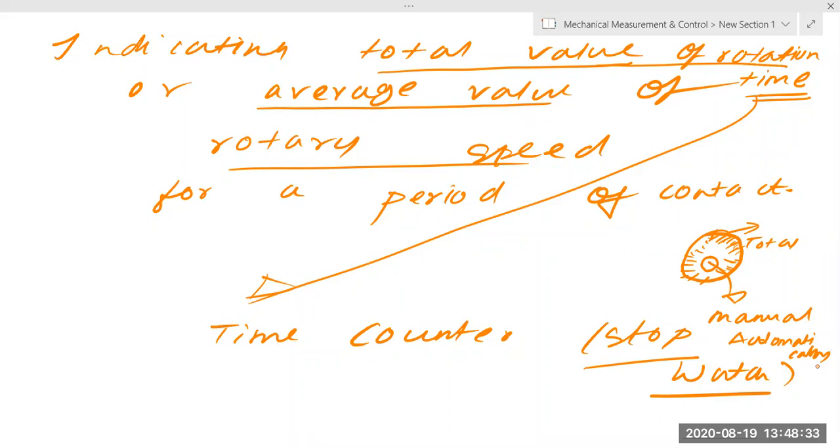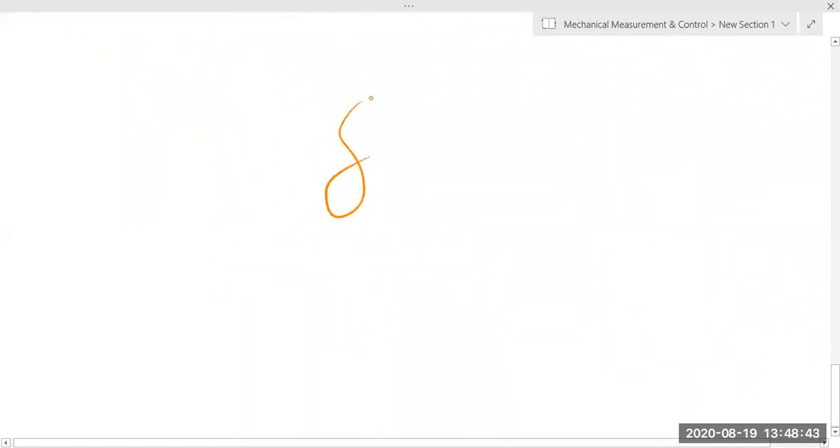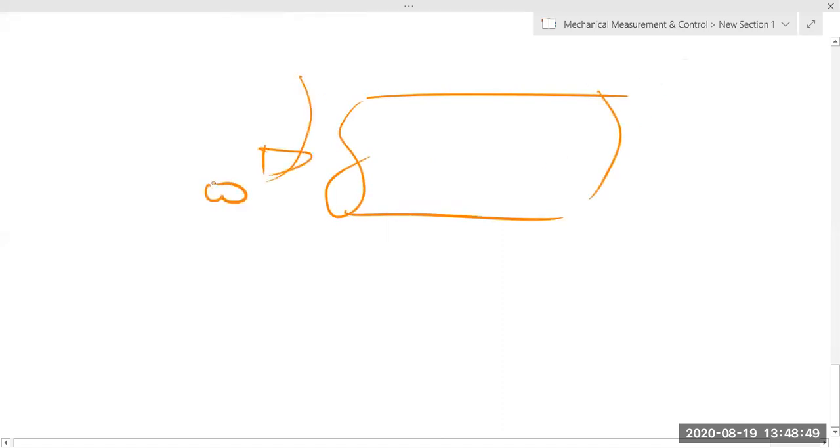Automatic will be better. Suppose this is my shaft, and this shaft is rotating at an angular velocity omega, and this is my tachometer probe.